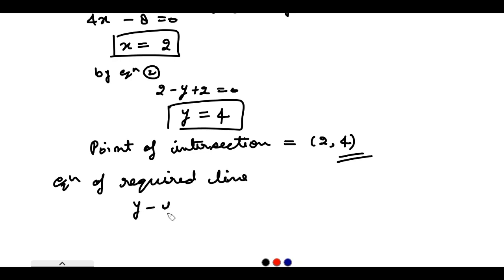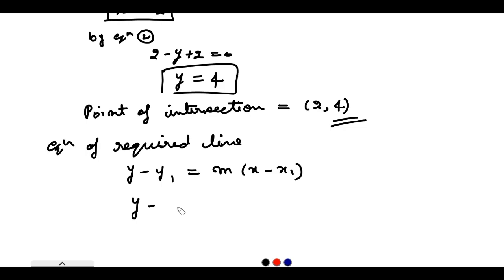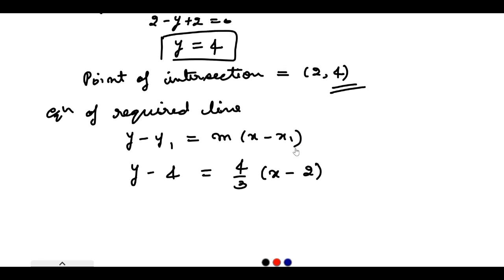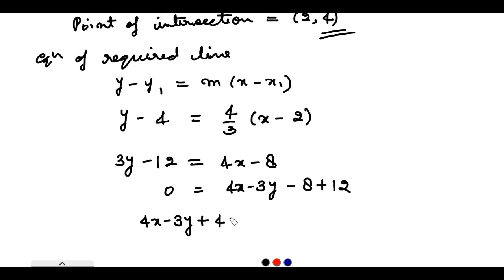That is y minus y1 is equal to m times (x minus x1). y1 is 4, slope is 4 by 3 and x1 is 2. So 4x minus 3y plus 4 is equal to 0.